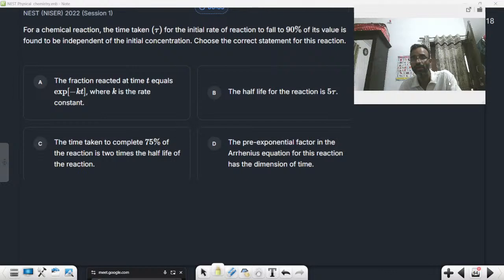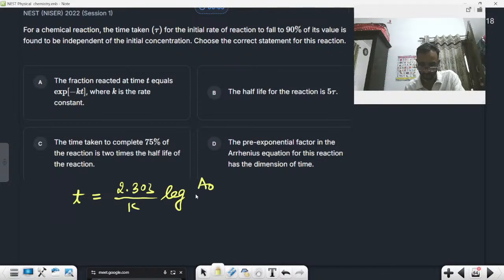It is only possible when there is a ratio of these two. So for first order kinetics, time is 2.303 upon k log of a naught by a. So the initial rate of reaction falls to 90% of its value.